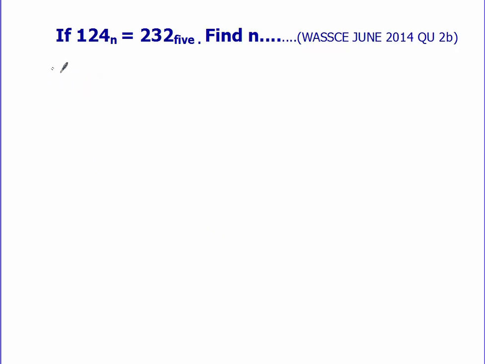The first thing is to write out the numbers: 124 base n equals 232 base 5. Now I'm going to give the exponent to these numbers.